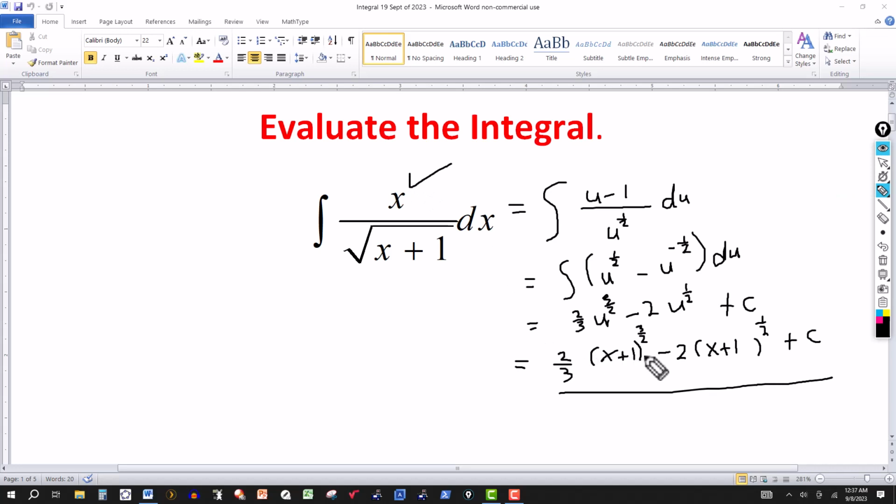And keep in mind that I could rewrite this. I could factor out x plus 1 to the 1/2 and simplify. You'll see that in some textbooks. If you're taking a test where you don't have time to do that, I don't think the instructor will count it wrong unless he tells you to write it as a product or something. But here we're just going to check this.